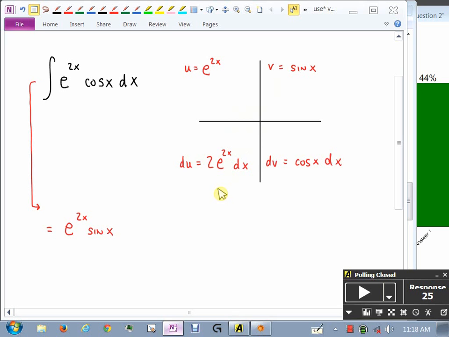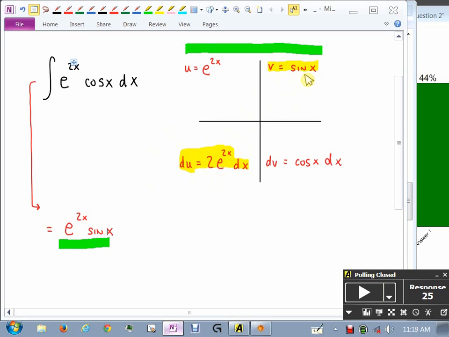I'm going to highlight it this time because this will come up later on in today's lecture. My uv comes from going across the top. That's how I get uv. That's this part right here. And then the next part comes from doing this diagonal.